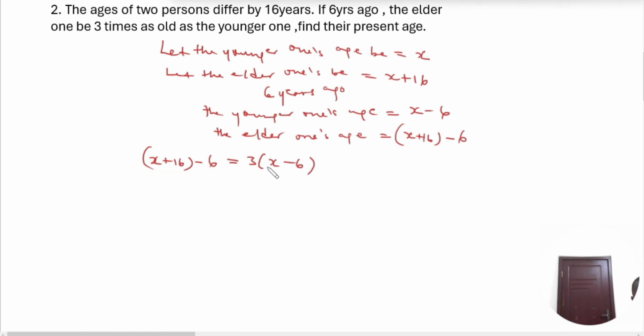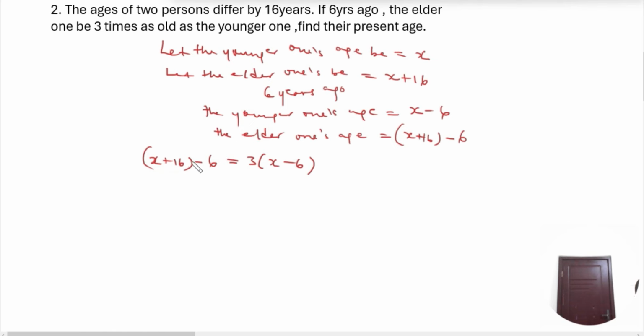Now we're going to solve this question. We're going to find the value of x, and then we determine the age of the elder and the younger one. Let's go through this again. The elder one's age 6 years ago is equal to 3 times the younger one's age 6 years ago.